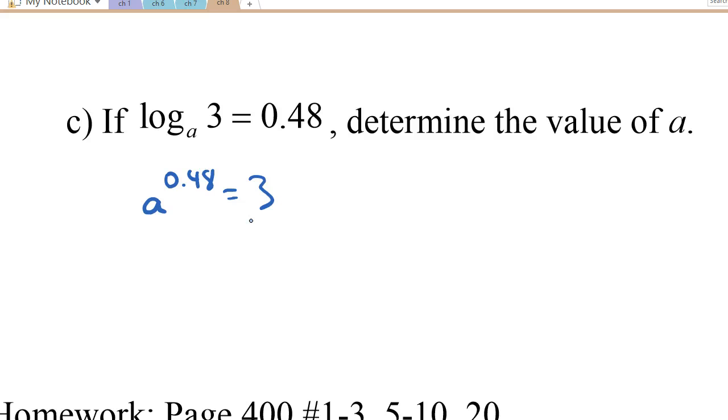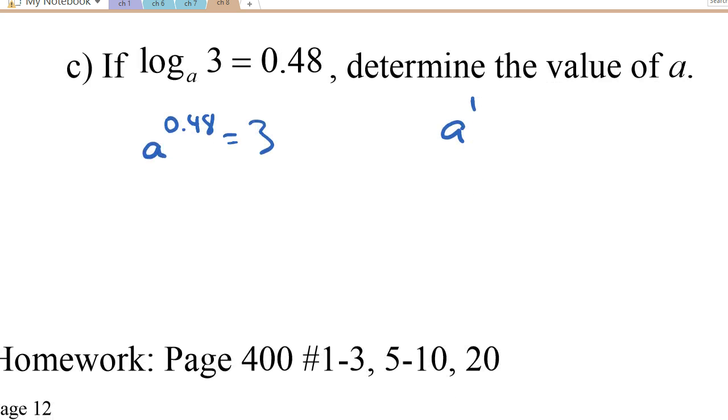What do I need to do to both sides so I get just a by itself? A by itself looks like a to the power of 1. What do I do to 0.48 to turn it into a 1? Really the question is, what do I multiply it by?